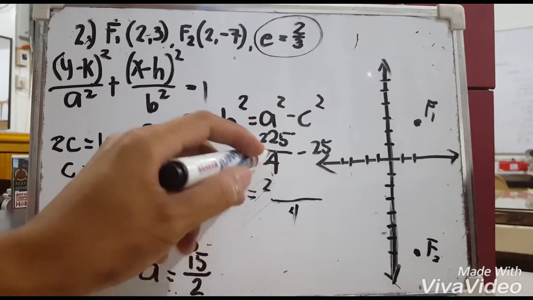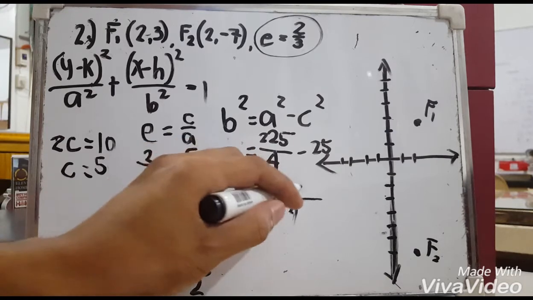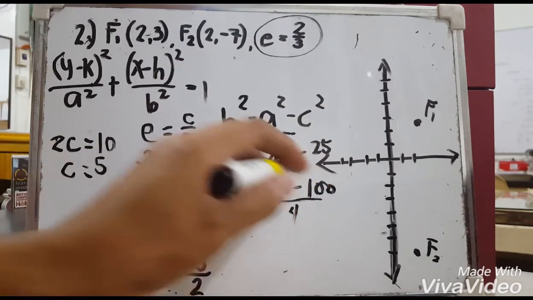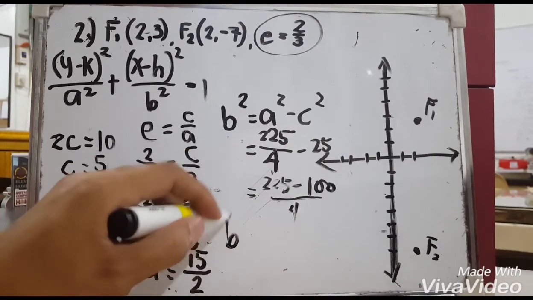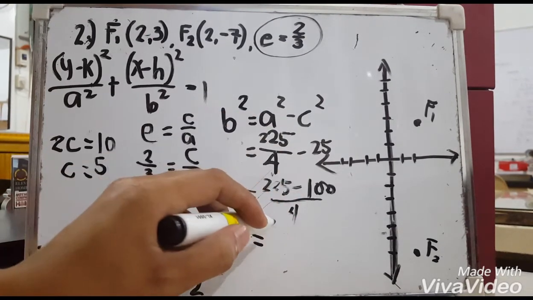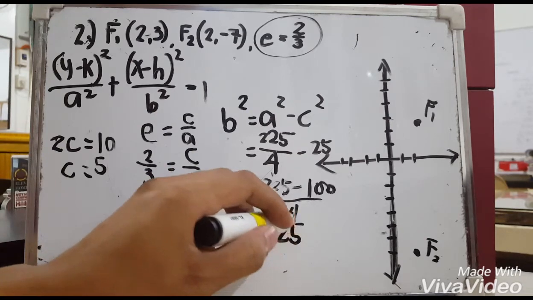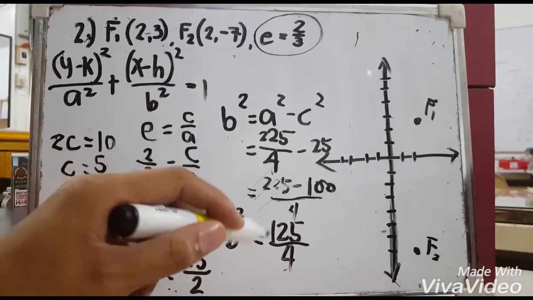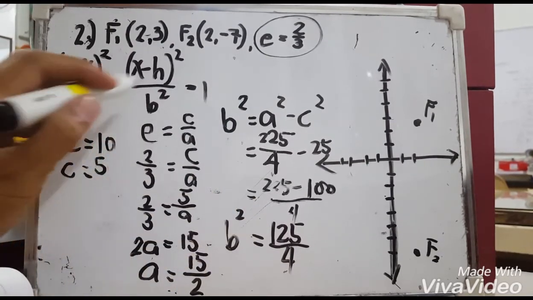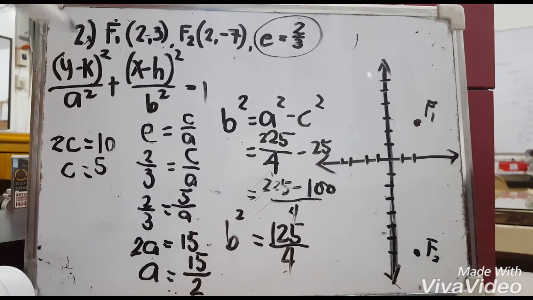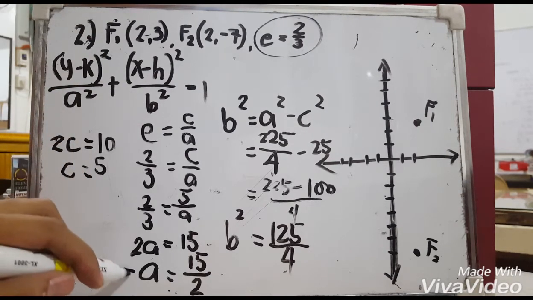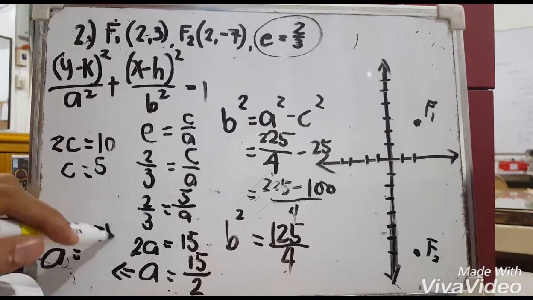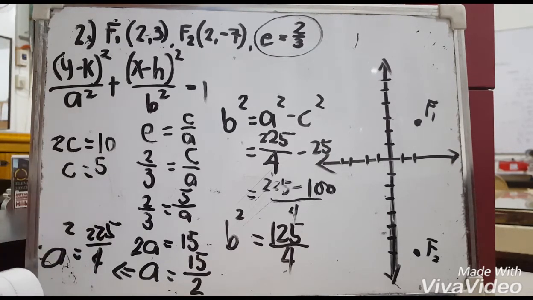So this is 225 minus 4 times 25, which is 100. So therefore, b squared is equal to 125 over 4. Anyways, from here, this simply means that a squared is equal to 225 over 4.